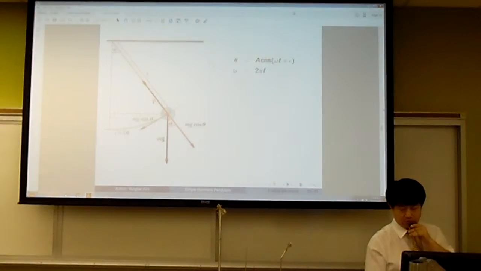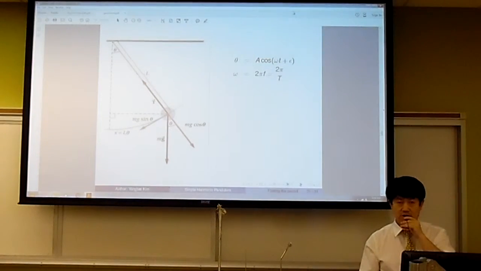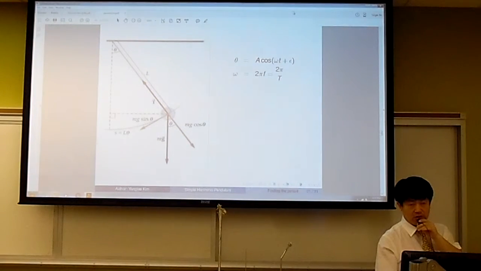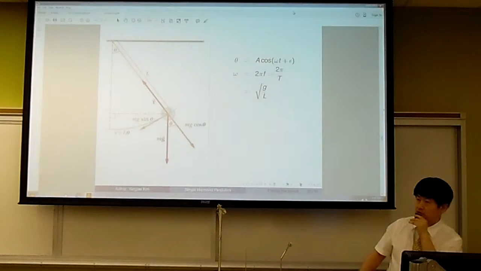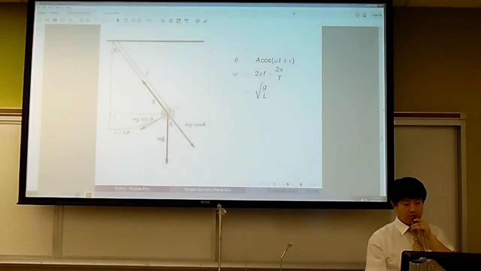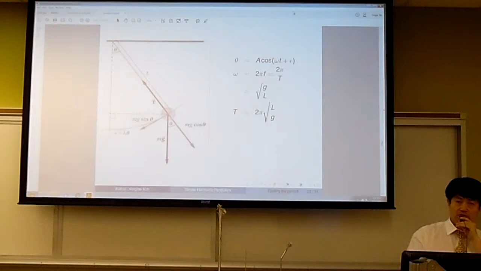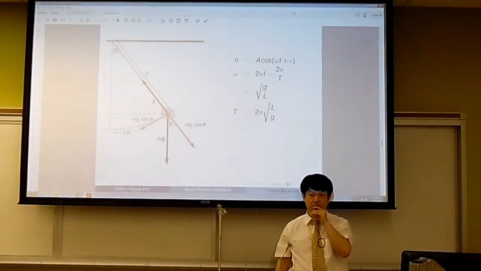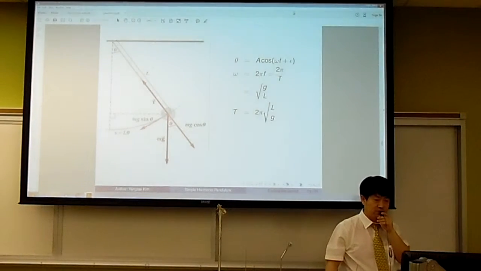Frequency is the reciprocal of the period, so 2 pi over T. But omega, we called it the square root of g over L. So we can write the period equation T equals 2 pi square root of L over g. Now we have an expression for the period.